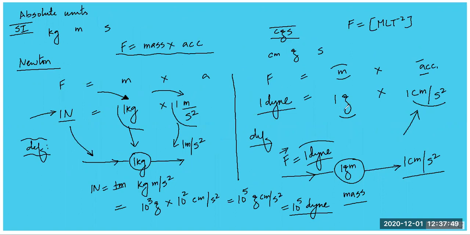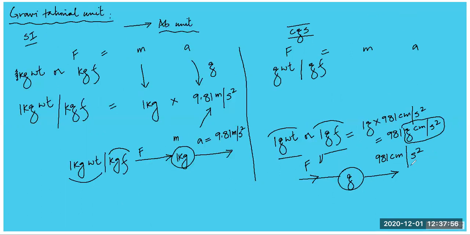So on the basis of this, I can say that 1 gram weight or 1 gram force is equal to 981 dyne.